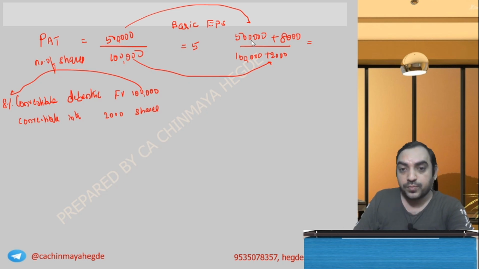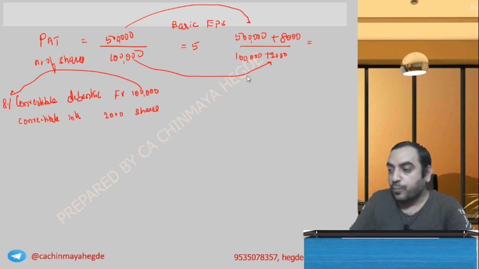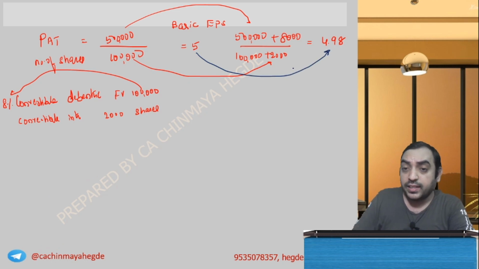That comes to 4.98. So this 5 rupee is likely to become 4.98, therefore it is dilutive in nature.